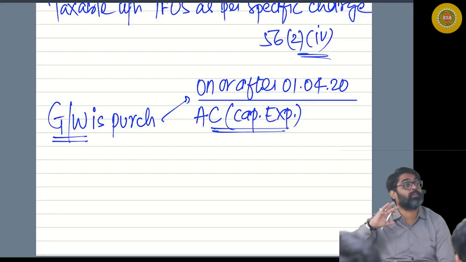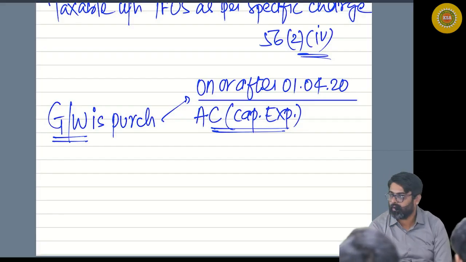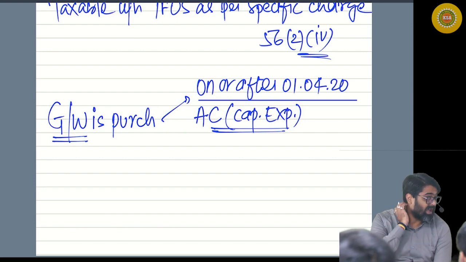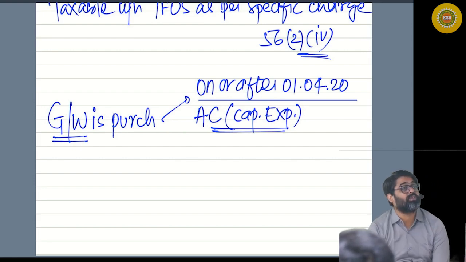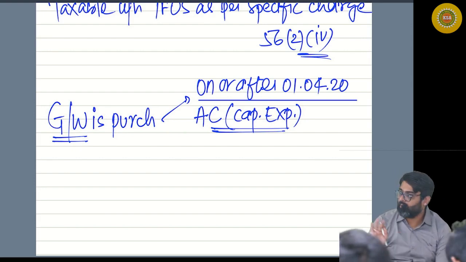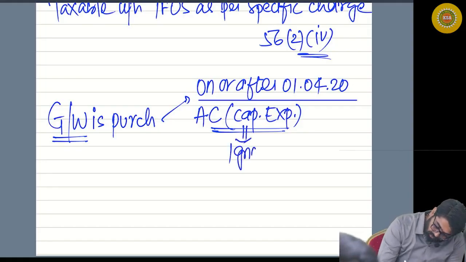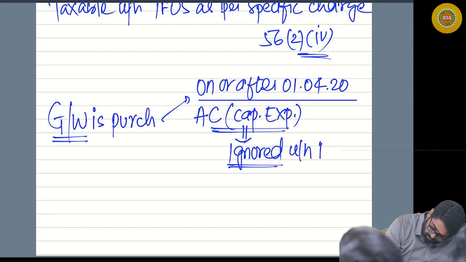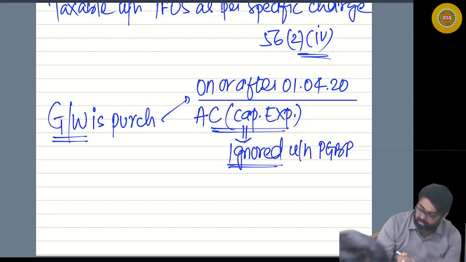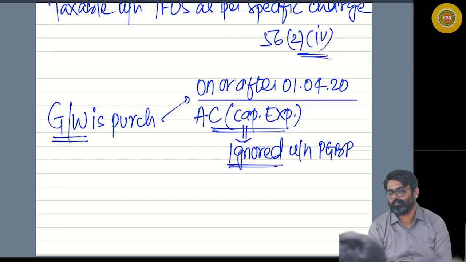Ignore goodwill for the purpose of depreciation calculation. Yes or no? But this applies on or after 1st April 2020. So any goodwill which is purchased, this entire cost will be ignored under the head PGBP. That does not mean that we are not going to allow this cost. We are going to allow it.